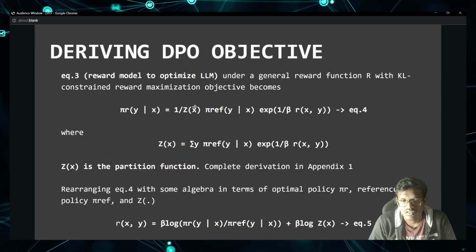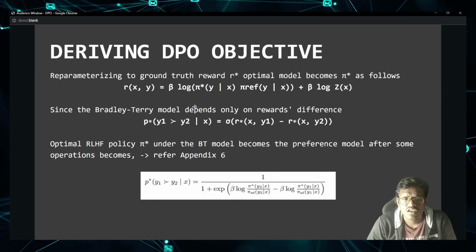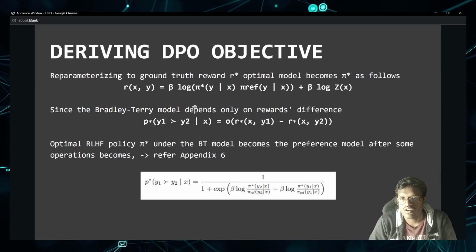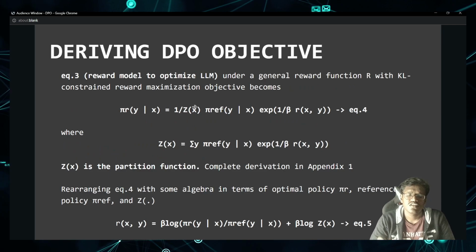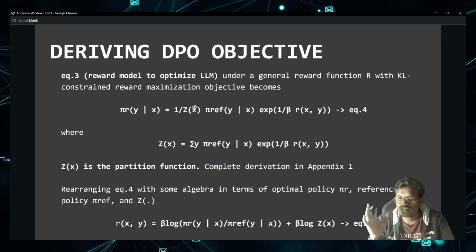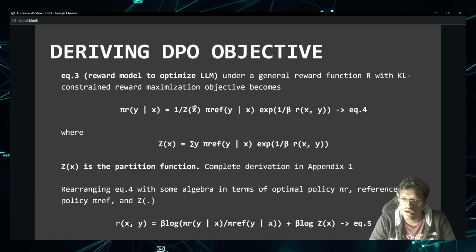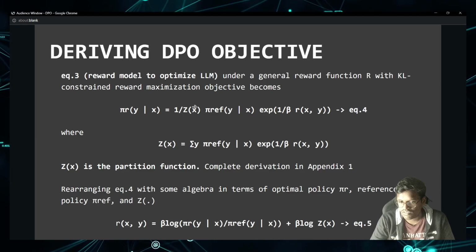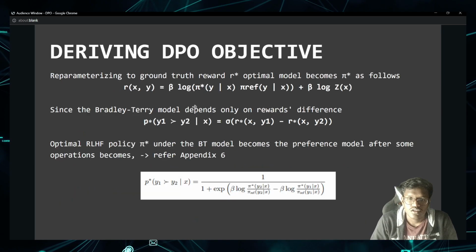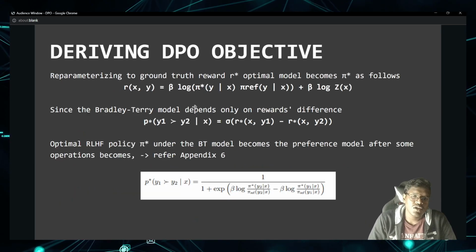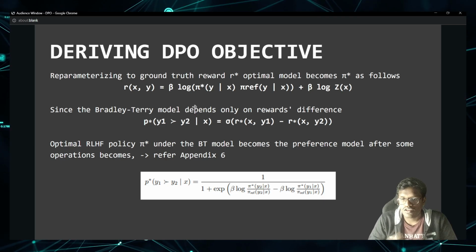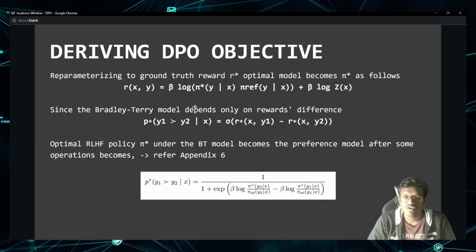The previous equation which we saw, we reparameterize it under a ground truth reward. Here the optimal output which we are expecting will be from your ground truth.